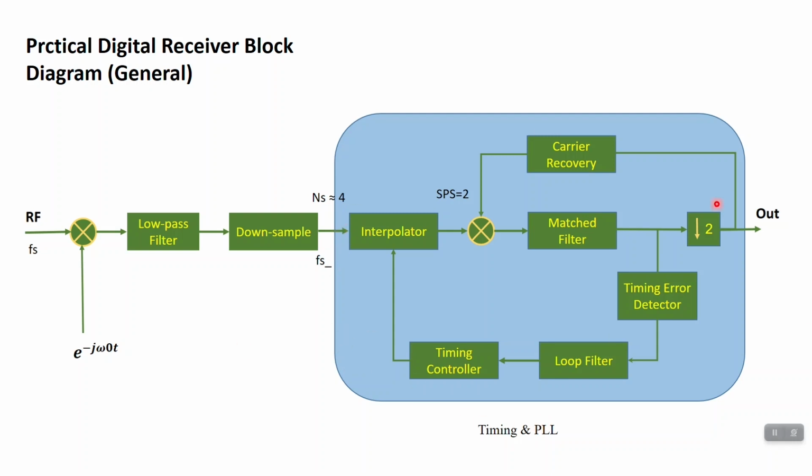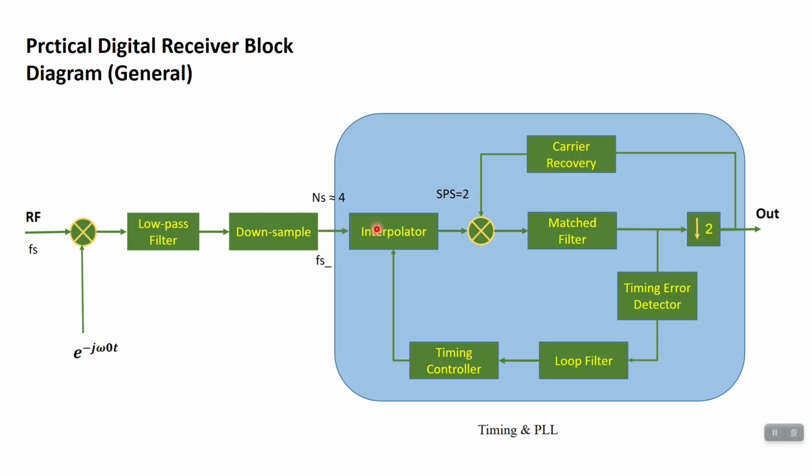This is the main function I will explain, which I name Timing and PLL. The interpolator is a pioneer block here. It uses the input samples for interpolation, and somehow the timing error is corrected in it.